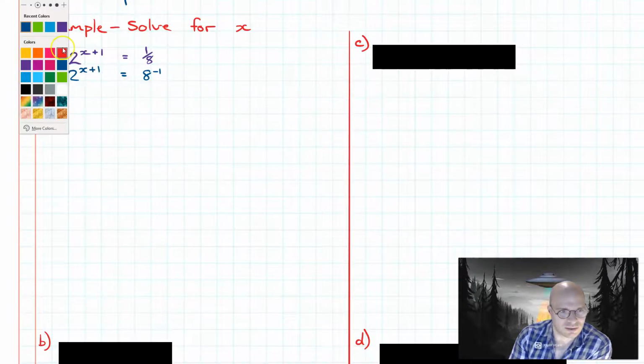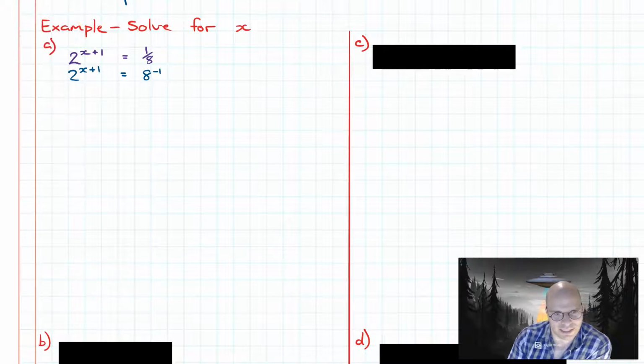Now next step is I'm going to have a look at the 8. Let's try and factorize this. We've got 8, we can divide it by 2, which gives us 4, and we can divide 4 by 2 as well, which gives us 2.